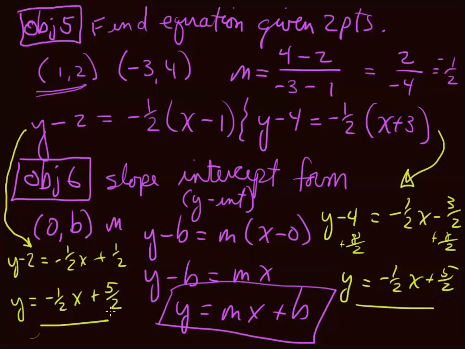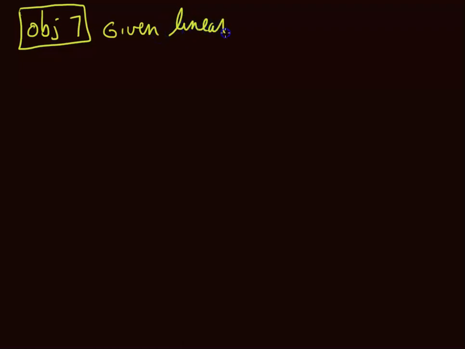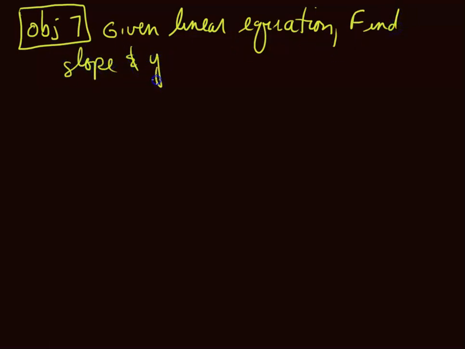Okay, now that we've changed colors. Objective 7. Given an equation, find the slope and the y-intercept. We should say a linear equation, I guess. Find the slope and y-intercept.